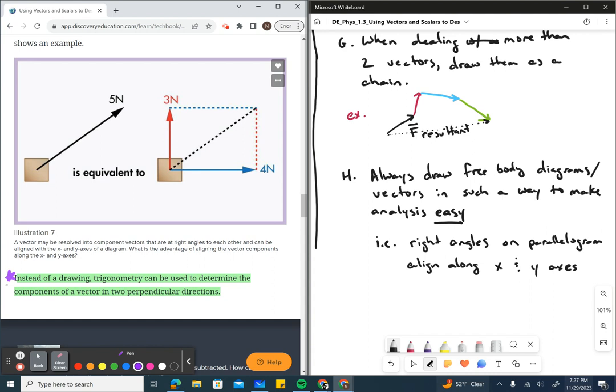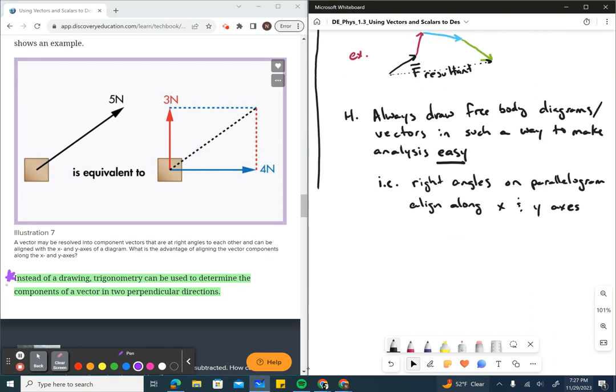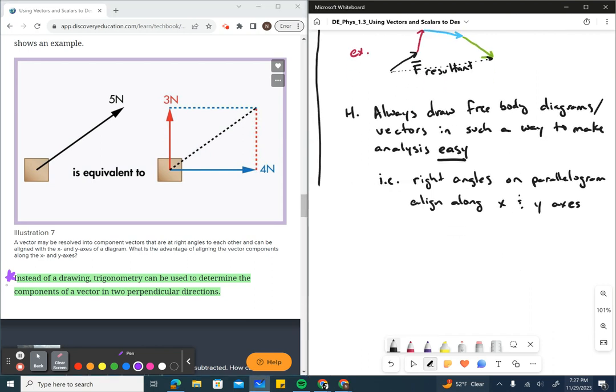So let's go ahead and say, I'm going to give us a little space here, but we're going to say this is I. Trigonometry can also be used to determine components.